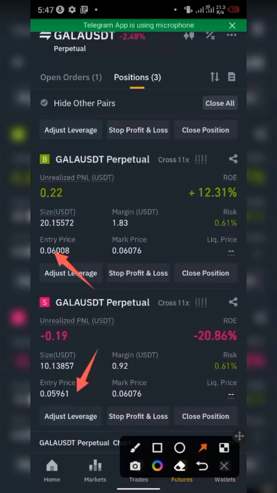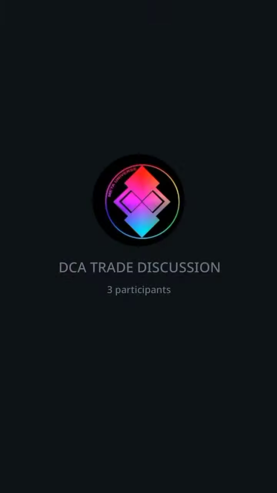One of my strategies when I am trading with the hedge mode, for example, if I want to long, I'll put my long position. Then where I want to stop loss, of course, I won't make the margin so great that I'll be losing much.